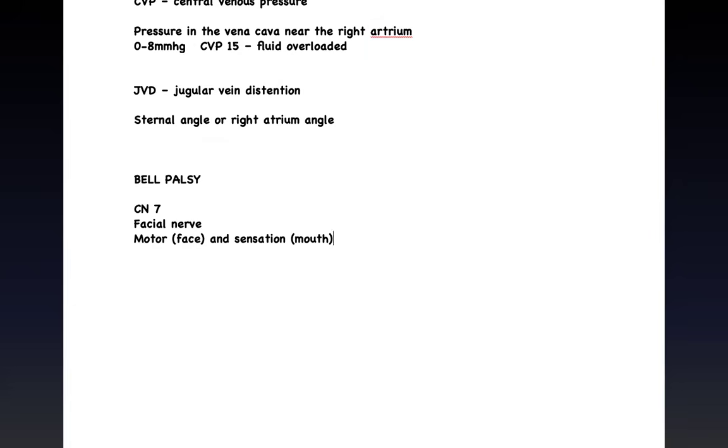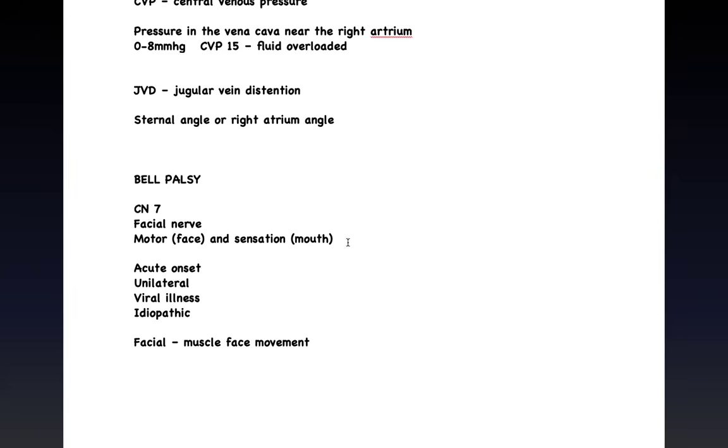What happened? Presentation is usually acute onset. It's one side, unilateral. Sometimes associated with the viral herpes, or sometimes idiopathic. Most of them, we don't know what happened to you, right? And what does the facial nerve do? Facial nerve is for muscle in your face movement.